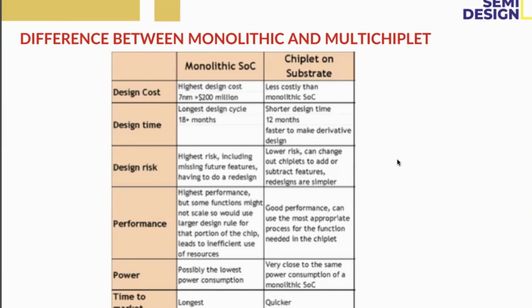Whereas chiplet costs less because we are partitioning the entire chip, so that power will be less. Okay, and next, design time: monolithic has the longest design cycle, because every block needs to connect with all blocks. But in a chiplet it is not like that.